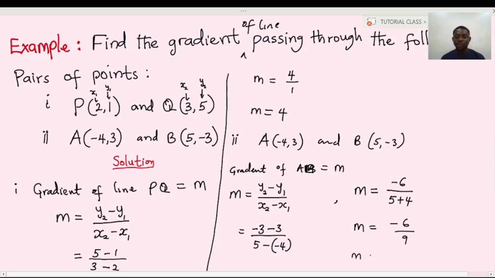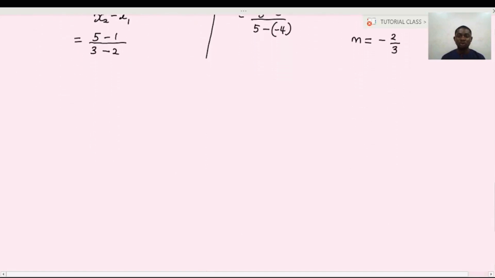And if you simplify it further, you have minus 3 can go in 6 and can as well go in 9. That is 2 over 3. Hence, the gradient of the line AB is negative 2 over 3.